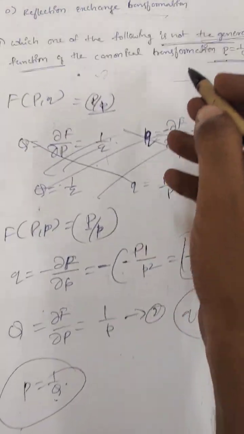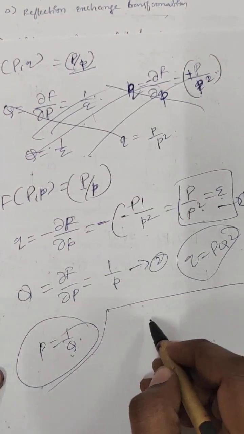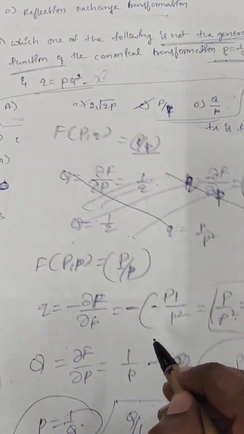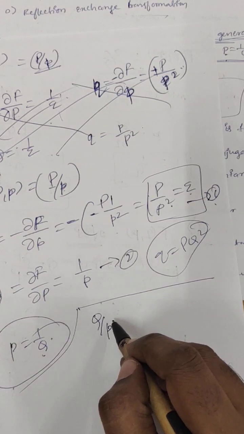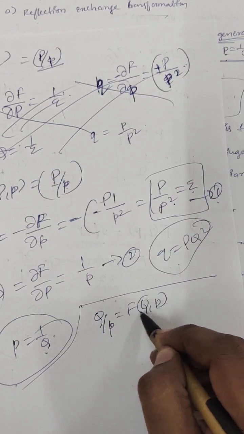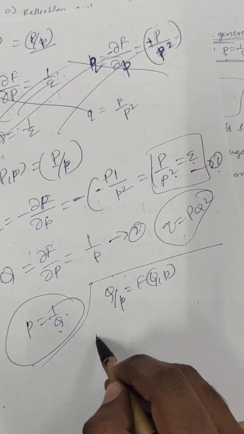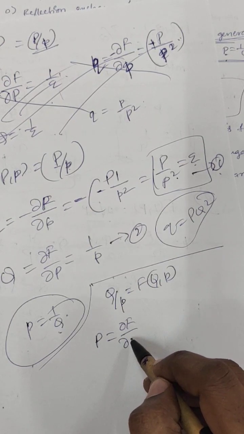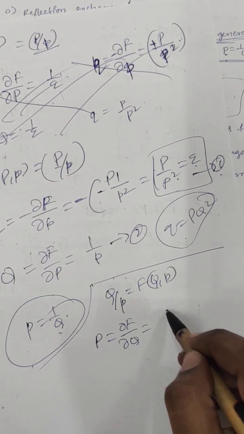Similarly, if we calculate option D, okay, so option D is q by p small q, which is f of q comma p. Capital P is present, so capital P is equal to dou f by dou present, which is nothing but q, so which is 1 by p.